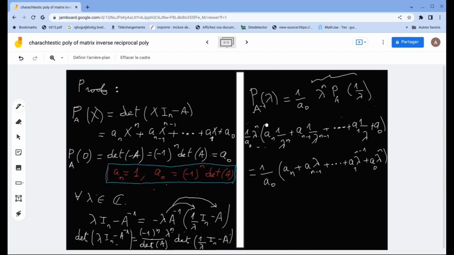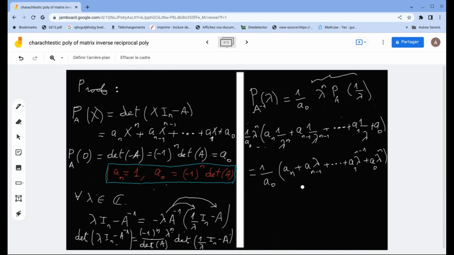I do this product here, lambda n by lambda n simplifies and gives an, plus an minus 1 lambda here, then a1 lambda power n minus 1, because lambda n times 1 over lambda is lambda power n minus 1, and here finally lambda n by a0.